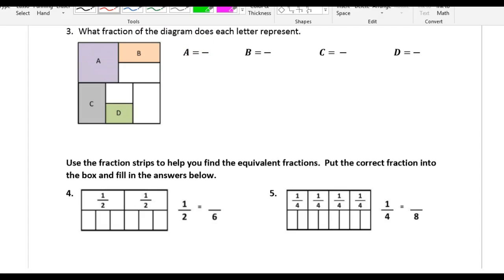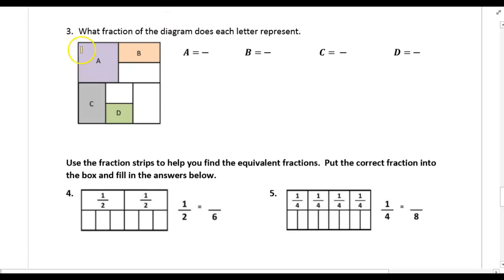for the fraction of A, if I highlight A, how many of these squares could fit inside this here? I take that one, right, and then I take, say, this one, okay, how many can I duplicate down here?